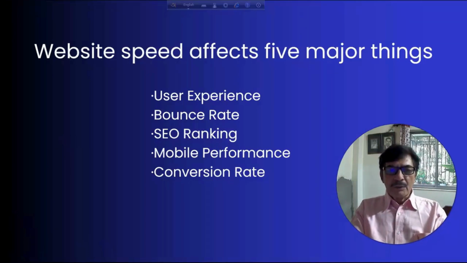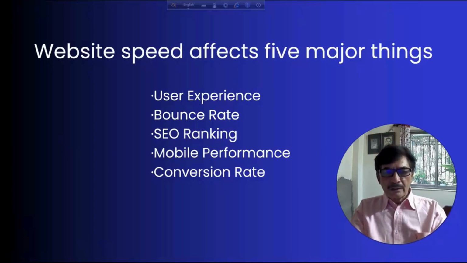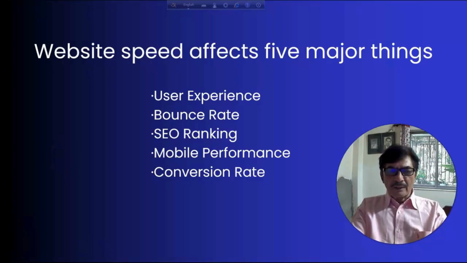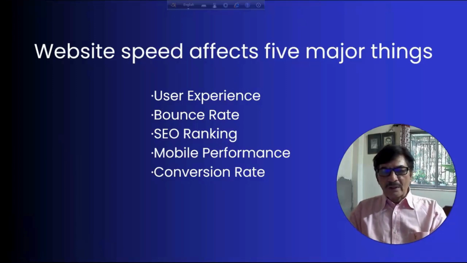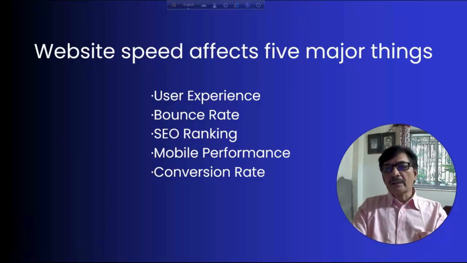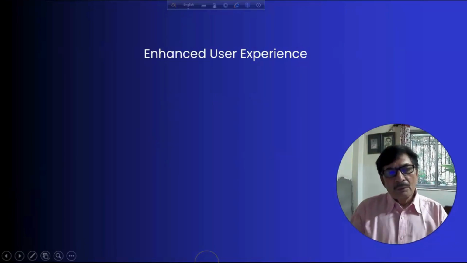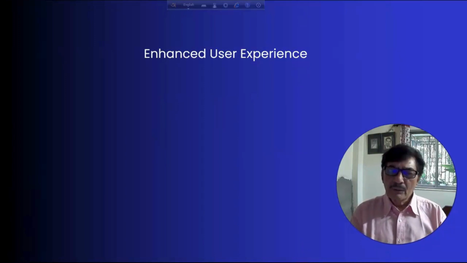First is user experience, second bounce rate, third SEO ranking, fourth mobile performance, and the last conversion rate. These are core concepts of digital marketing and website success. Now we are going to elaborate each of the elements one by one.